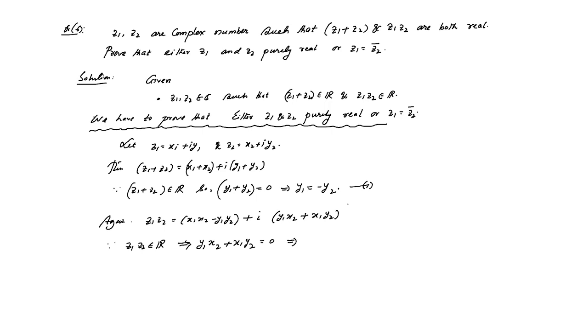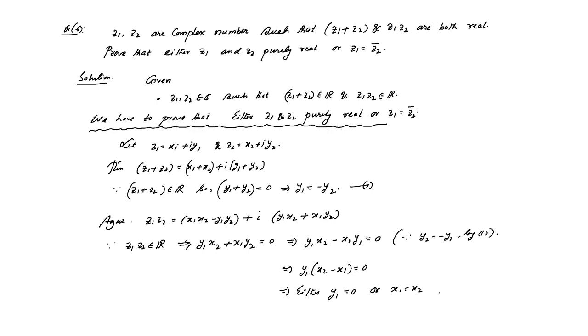Now if we replace Y2 by minus Y1, it will be Y1 X2 minus X1 Y1, that will be 0. Taking Y1 common, Y1 times X2 minus X1 equals 0. That means either Y1 equals 0 or X1 equals X2.